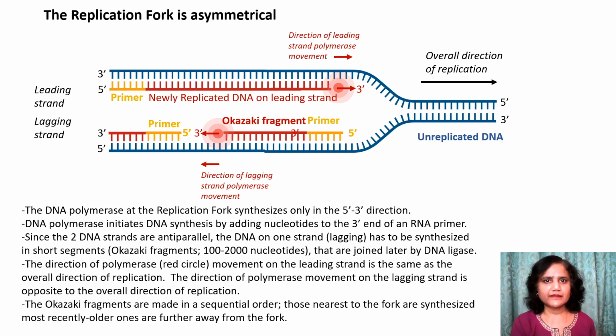One is the anti-parallel strands and also that the polymerase synthesizes only in the 5' to 3' direction. So the DNA polymerase at this replication fork synthesizes only in one direction from 5' to 3' going this way, and the DNA polymerase initiates DNA synthesis by adding nucleotides to the 3' end of a primer, and the primer used is actually an RNA primer.